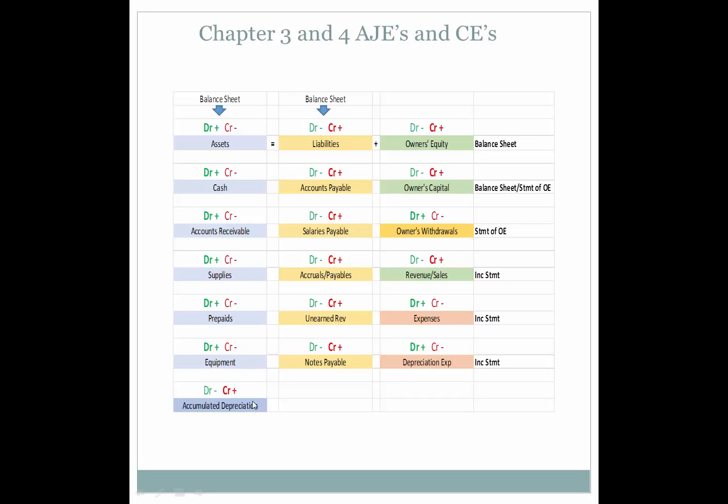So accumulated depreciation is associated with long-term property, plant, and equipment. The example I have here is equipment. Since it's debit-based, the contra account is going to be credit-based. And then also, as a part of our adjusting journal entries, we learned about depreciation expense. It is treated like a normal expense and increases with the debit.